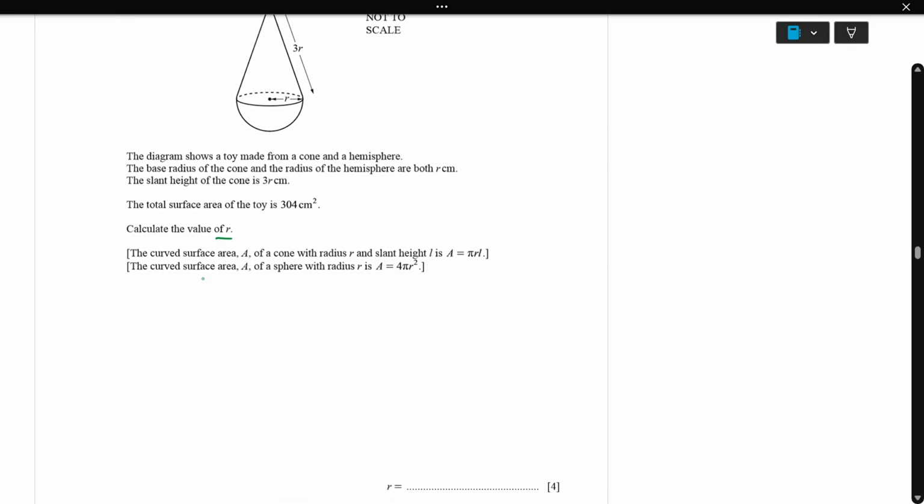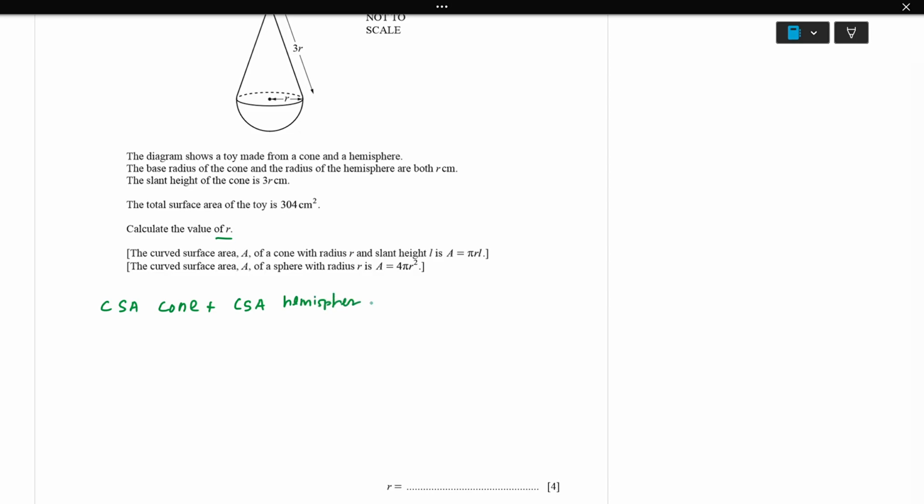Okay, for the curved surface area, the curved surface area of the cone plus the curved surface area of the hemisphere equals 304. So this is pi r l. The formula is given: pi r l plus 4 pi r squared.